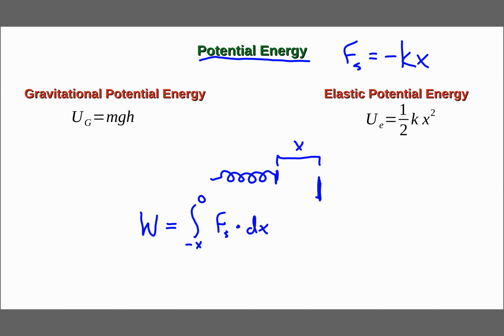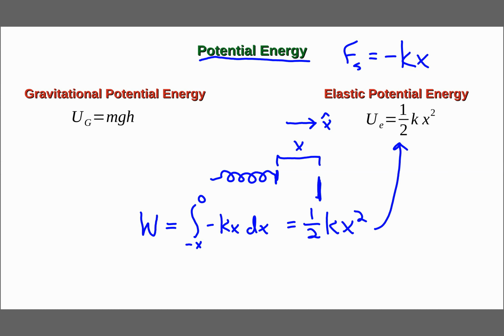And then this Fs dot dx, well, they point in the same direction, x hat, right? And so what this ends up being is we put our minus kx in here, and then we integrate. And if we integrate, we'll see that what we come up with is 1/2 k x squared.